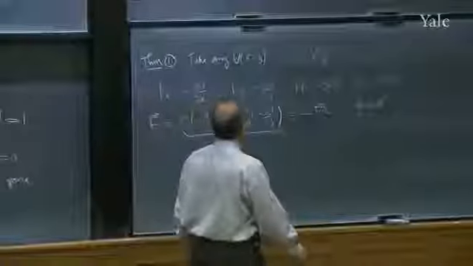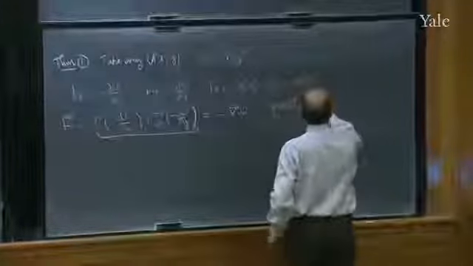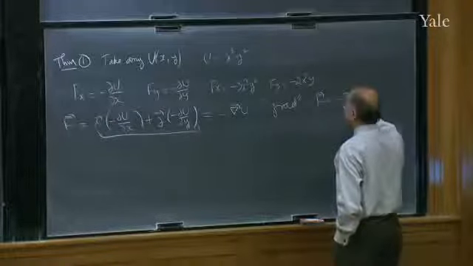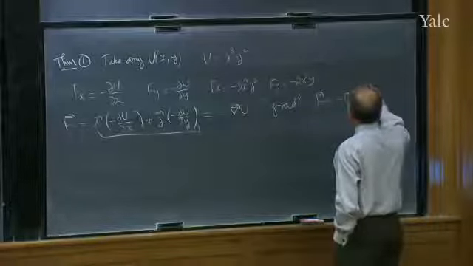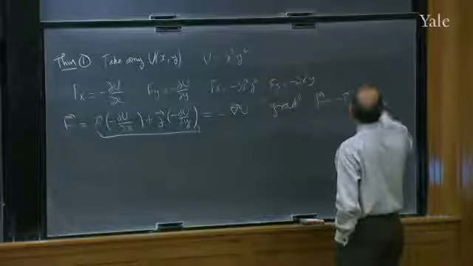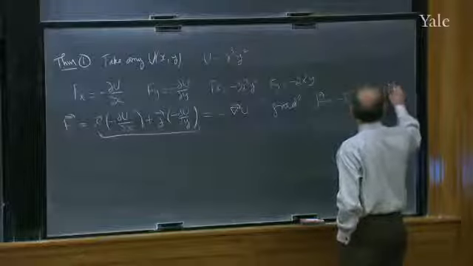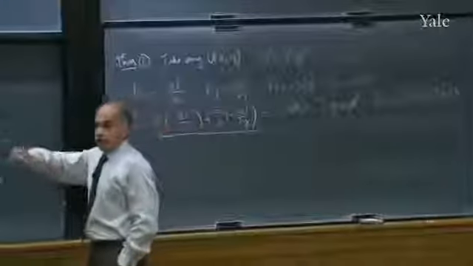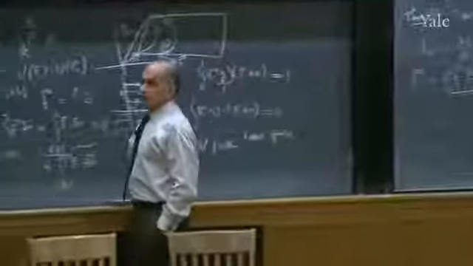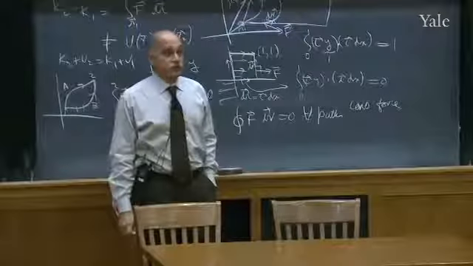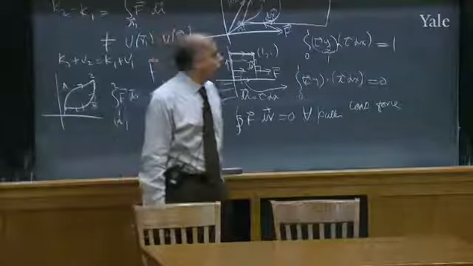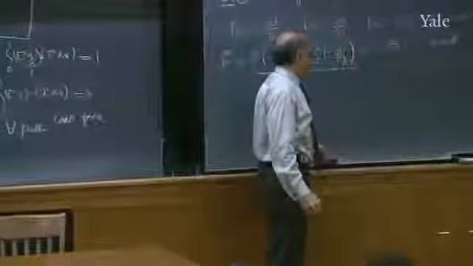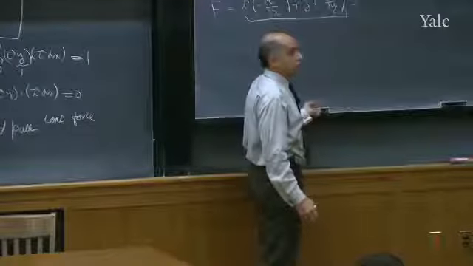So for this particular u, the force we have is equal to minus i times 3x squared y squared plus minus j times 2x cubed y. Amazingly, it is claimed that this force, when you integrate it from one point to another, the answer will not depend on the path. It will depend only on the endpoints. So we have to understand what makes this work. But before I show that, I will make another statement.